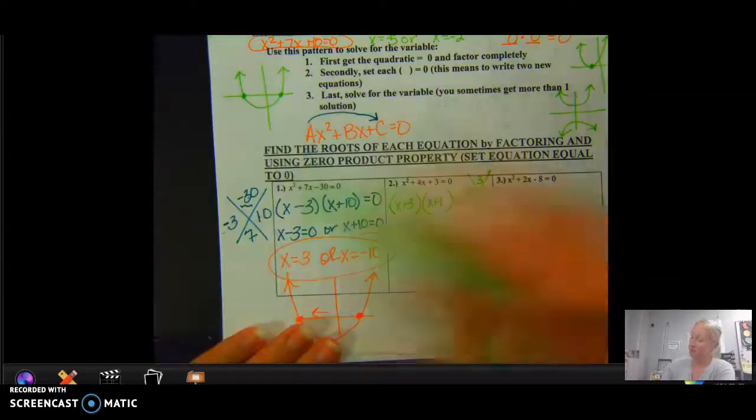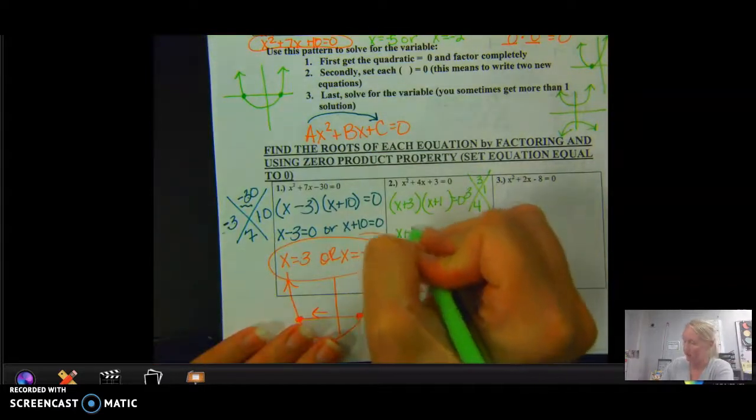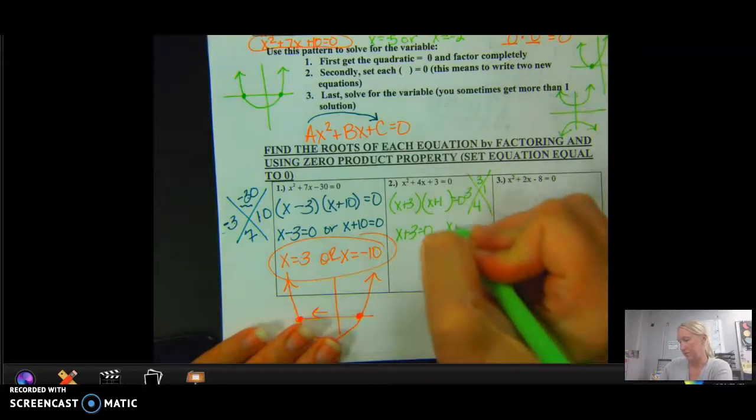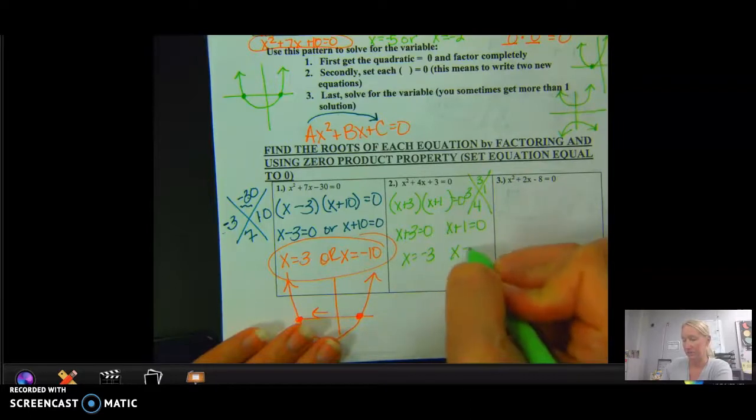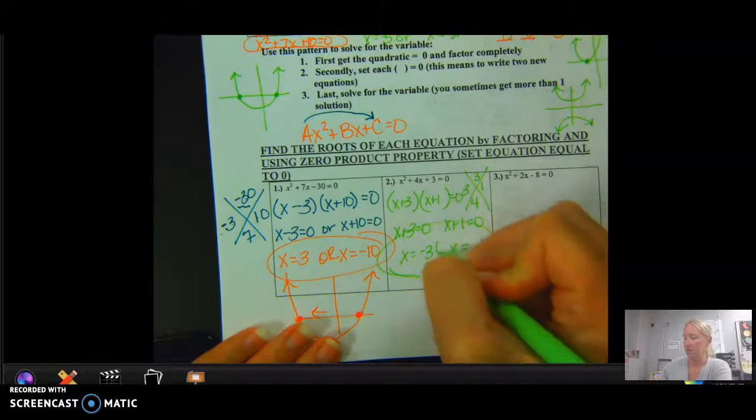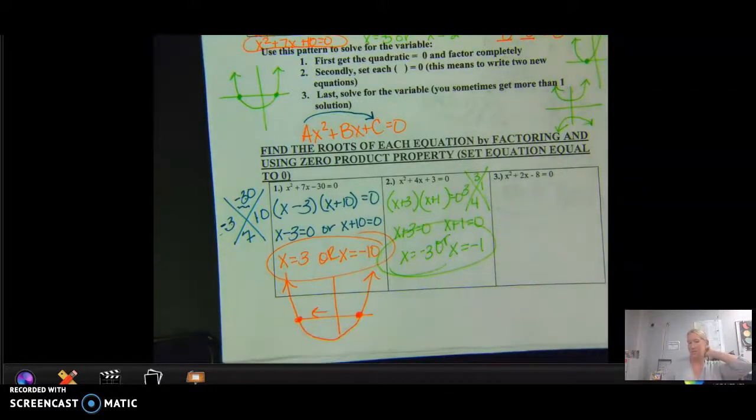Now I set both of those equal to 0, so x plus 3 equals 0, x plus 1 equals 0. I subtract 3 from both sides, so I get x equals negative 3. I subtract 1 from both sides, I get x equals negative 1. Or, there's my answer.